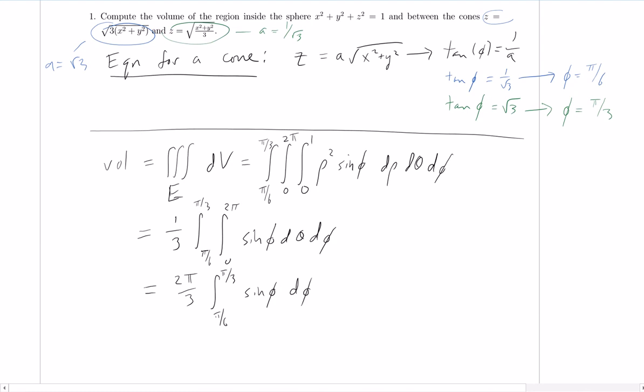And so finally we're just integrating the sine function, which gives minus cosine, from pi over 6 to pi over 3.